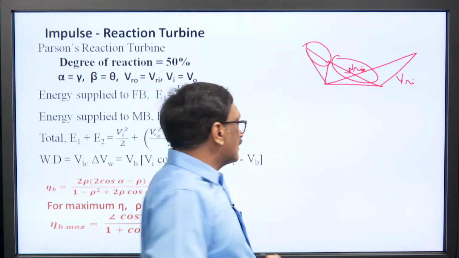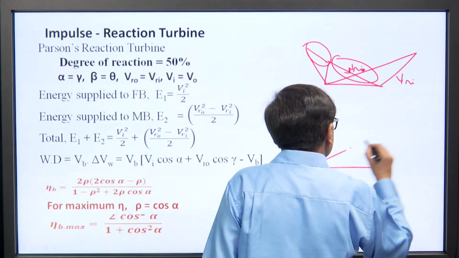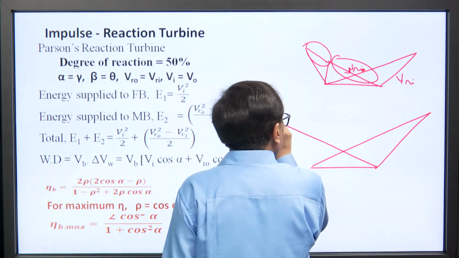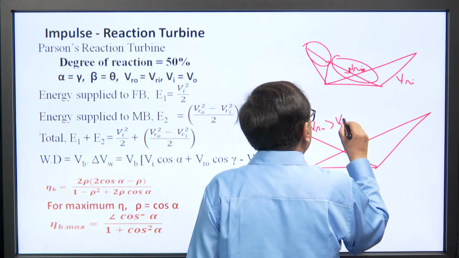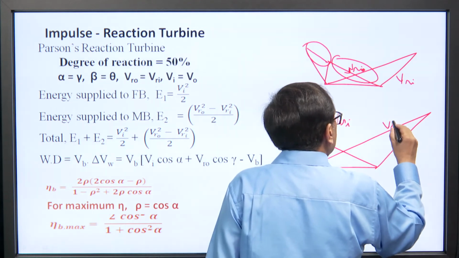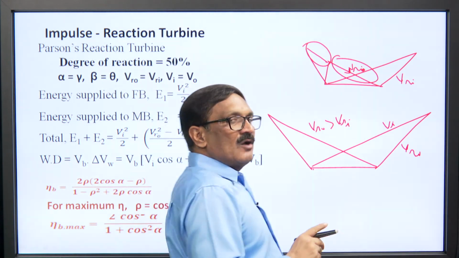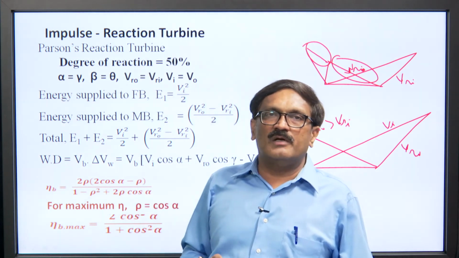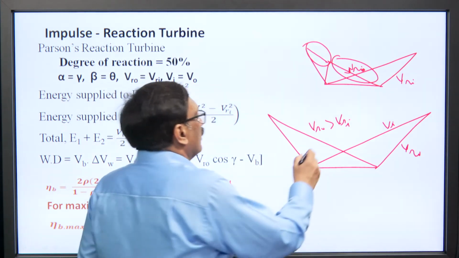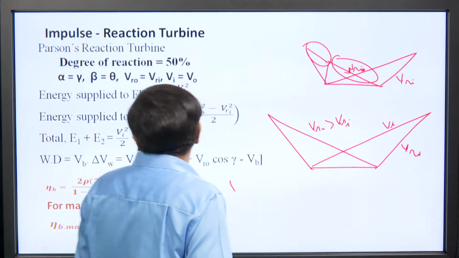So, in the case of this impulse reaction turbine, whatever the velocity diagram is, this Vro is greater than Vri. In the impulse turbine we have seen Vro is equal to K times Vri, and K is less than 1, so it is less than Vri. But here Vro is greater than Vri, this is the case for the impulse reaction turbine.